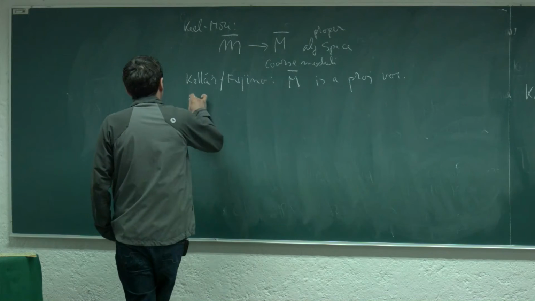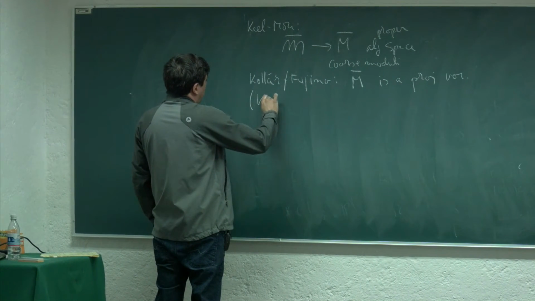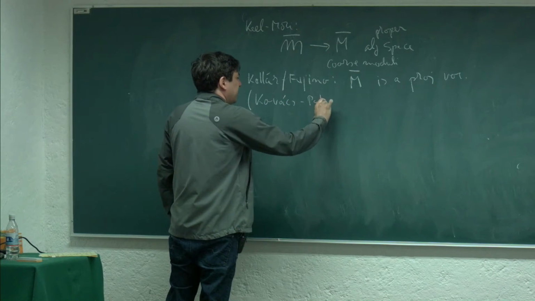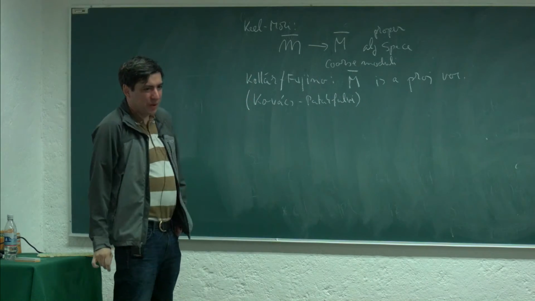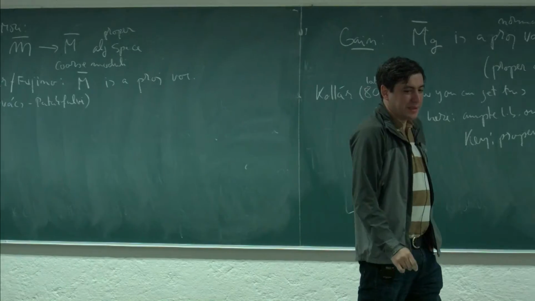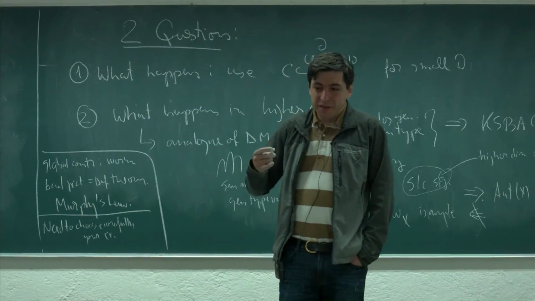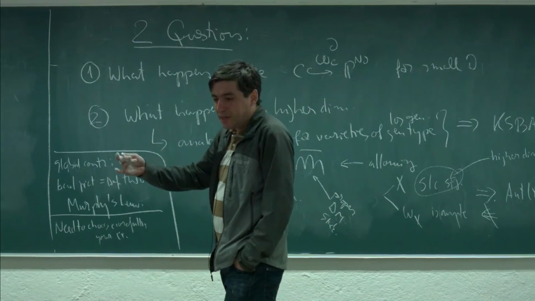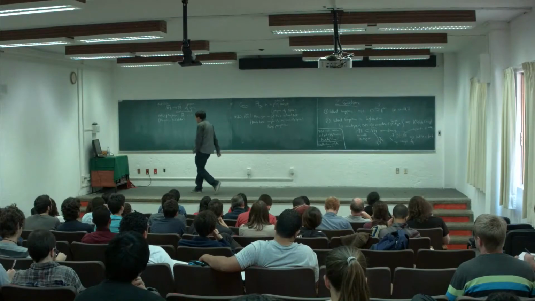And maybe here in the pair situation, I should also put Kovács and Patakfalvi. So why do you need GIT and all of that? In terms of existence of a moduli space, it exists basically always, as long as you are general type.